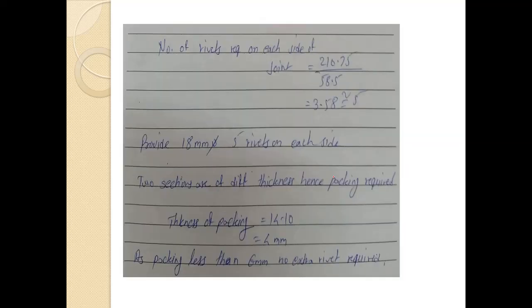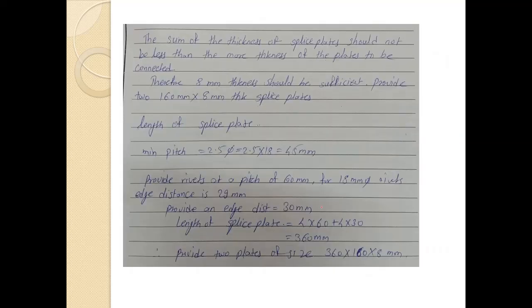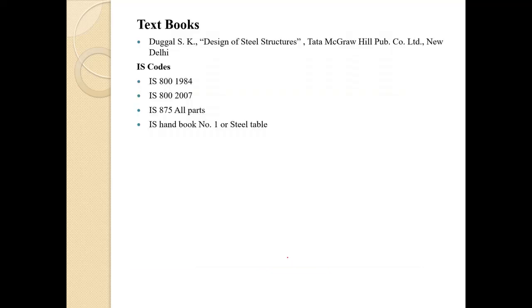So that's why we are making it like this: 4 into 60, that is 4 pitches, and 4 into 30, that is 4 edge distances. So that becomes 360 mm. So we are providing two plates of size 360 into 160 by 8 mm. So this is the design of the splice.